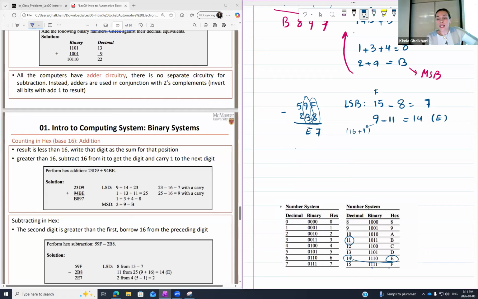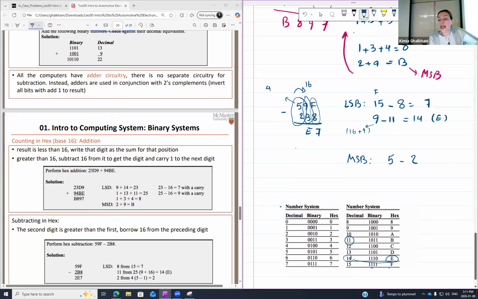Next one is the last one. Therefore, this is going to be my most significant bit. I'm going to have 5 minus 2. But remember, because I already borrowed 16 in here, this 5 is already 4. It's not 5 anymore because I borrowed.